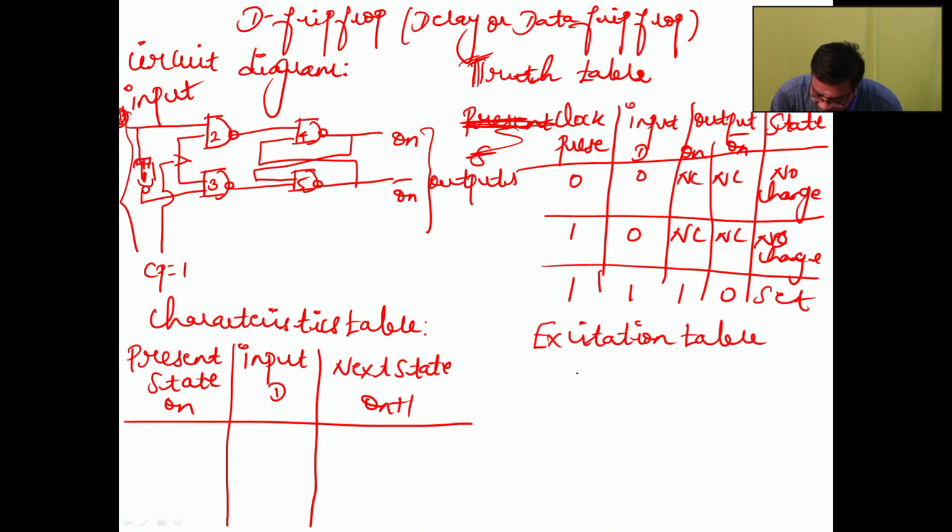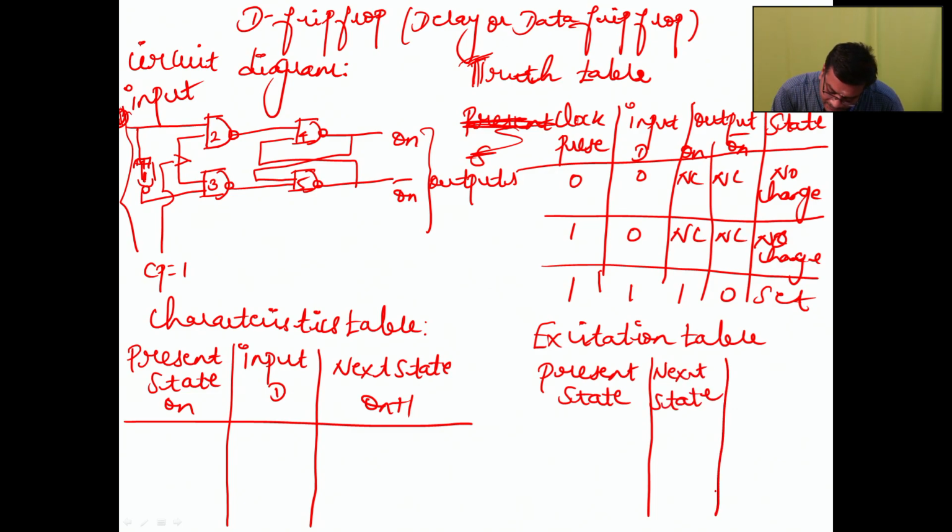Similarly, in the excitation table, we will get present state, next state, and flip-flop input D.